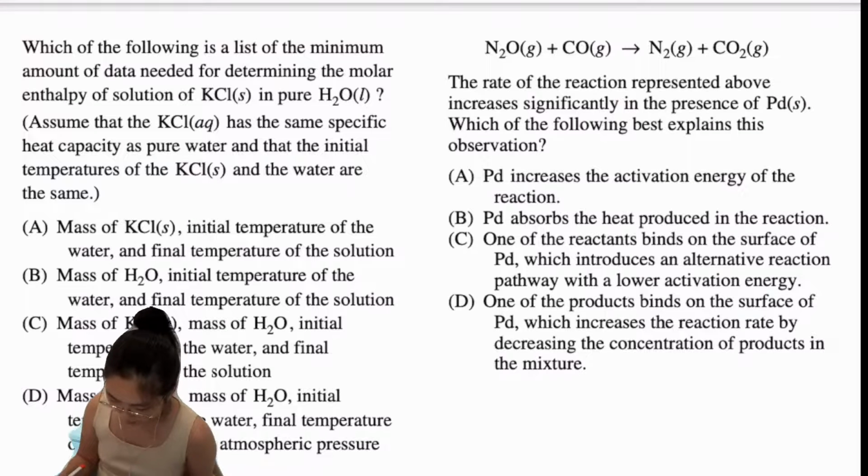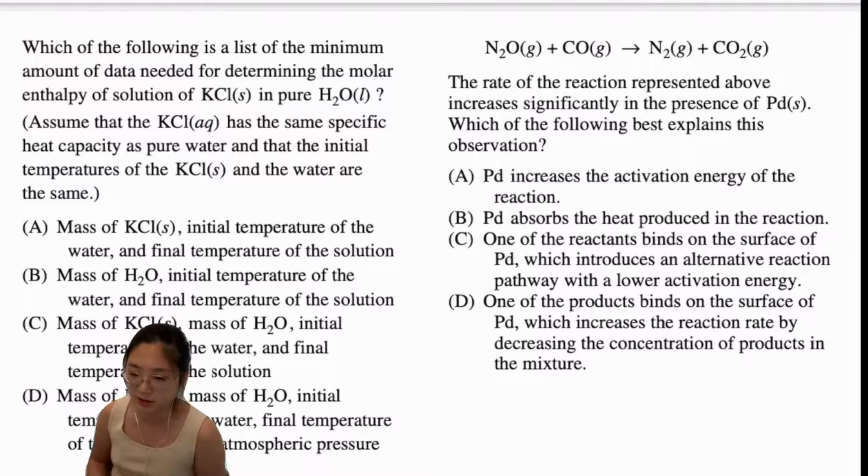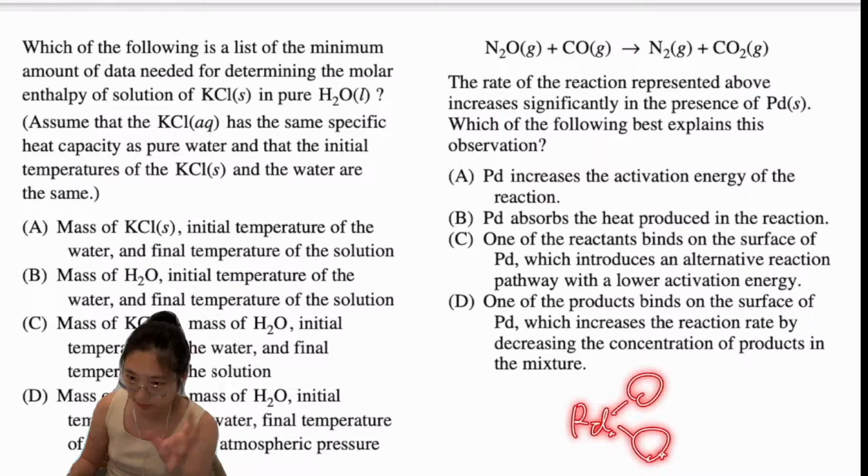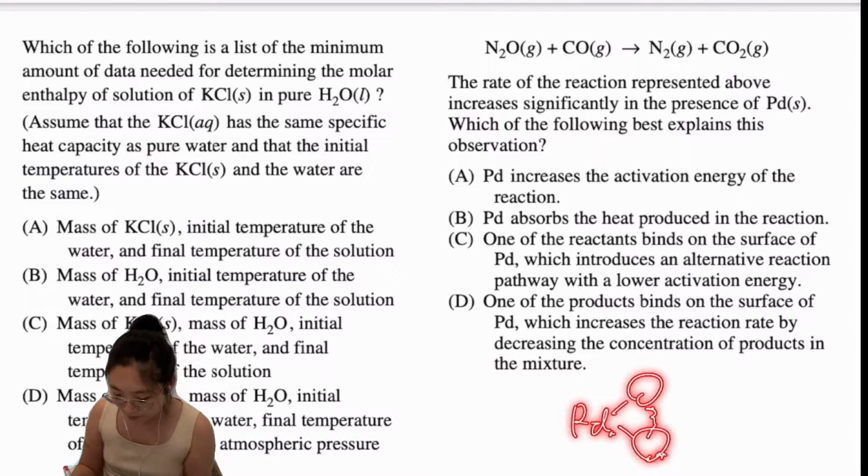So when a catalyst speeds up the reaction, it provides another pathway for the reaction. Usually the palladium binds to two of the reactants, so it brings the reactants together so they can react faster. By this process, it lowers the activation energy of the reaction.